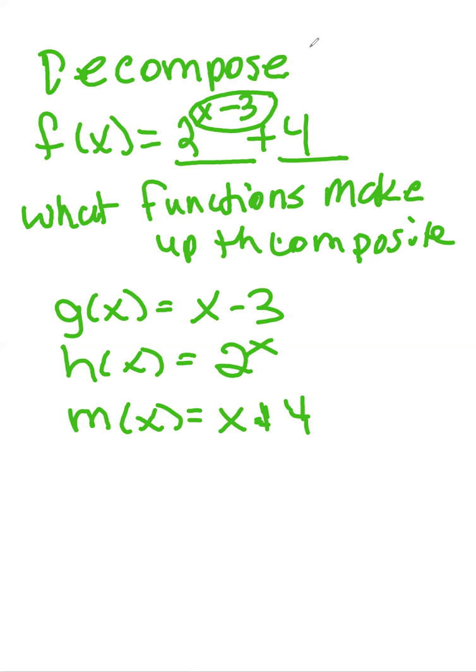If those were the problems that I used, and there could be other ones that you use with this, I just chose that particular order. The way I would write the composition would be work from, again, from the inside to the outside. The innermost function was x minus 3, so that would be my innermost, g of x.